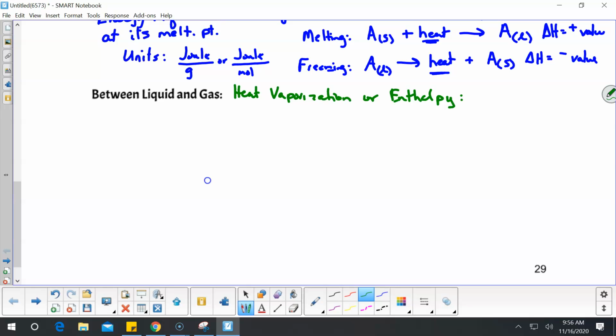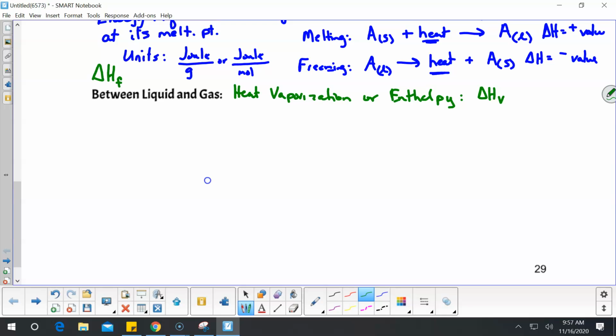It is usually abbreviated as the change in H, and they put a V as a subscript. I think I forgot to tell you up above when we did the enthalpy for the other one, this one would be called the change in H with a lowercase f for fusion, if we were going between a solid and a liquid. So there's a different name for them depending on which phase change we're talking about.